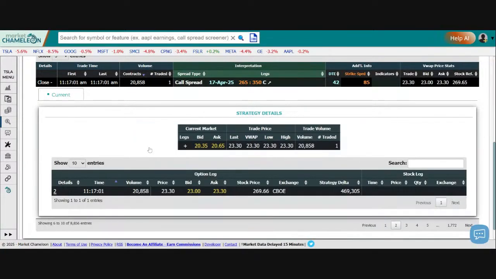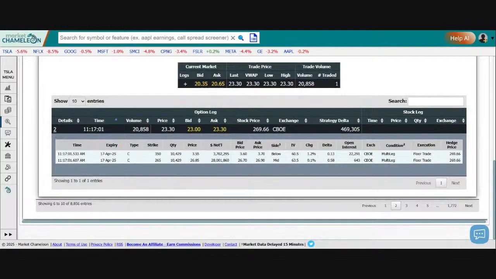that's so far what the data is suggesting. If you wanted to go look at the individual legs down here, if you click on here, this is the actual spread.